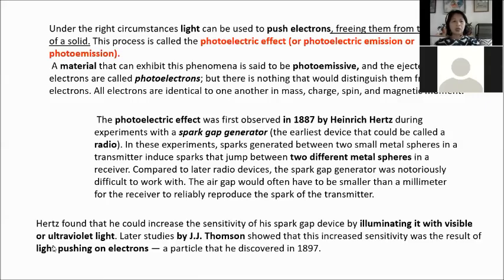Hertz found out that he could increase the sensitivity of his spark gap device by illuminating it with visible or ultraviolet light. Later studies by J.J. Thomson showed that this increased sensitivity was the result of light pushing on electrons, a particle that he discovered in 1897, 10 years after the first observation of the photoelectric effect by Hertz.